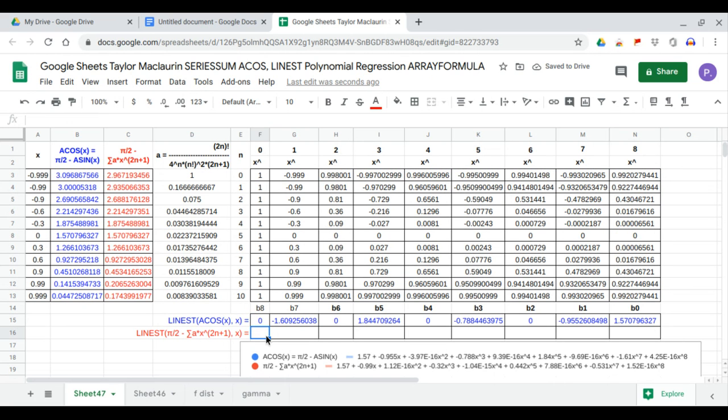And now the LINEST of the expansion. LINEST, data y and data x.